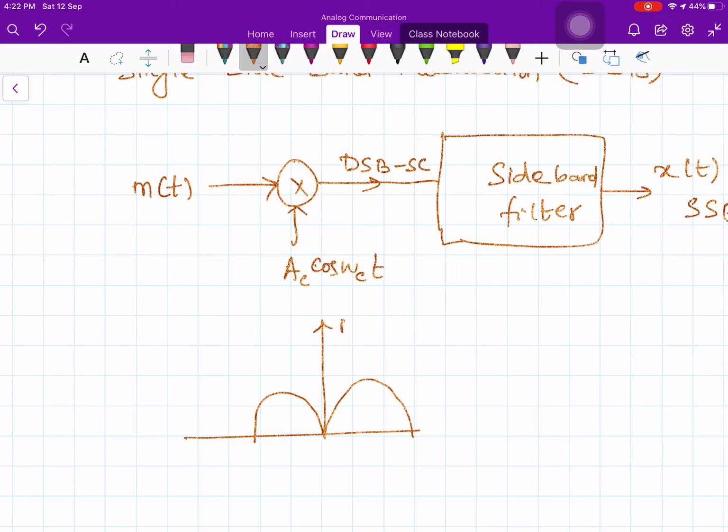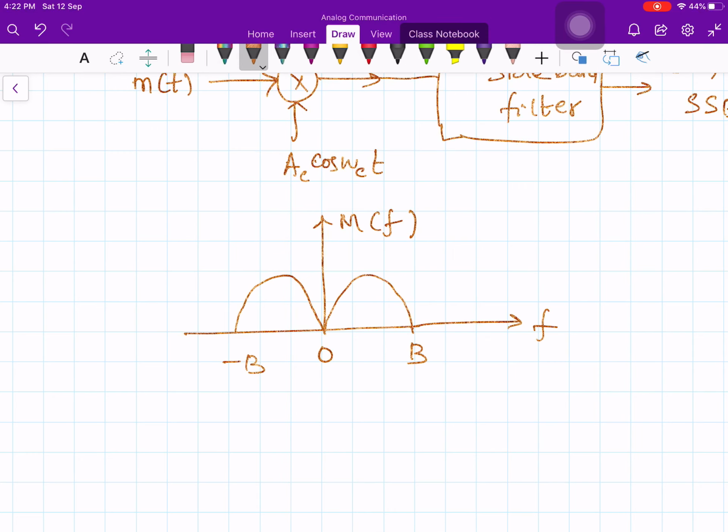This is my M of f. This is frequency, and plus B and minus B, and this is 0. Okay, this is my message signal spectrum.